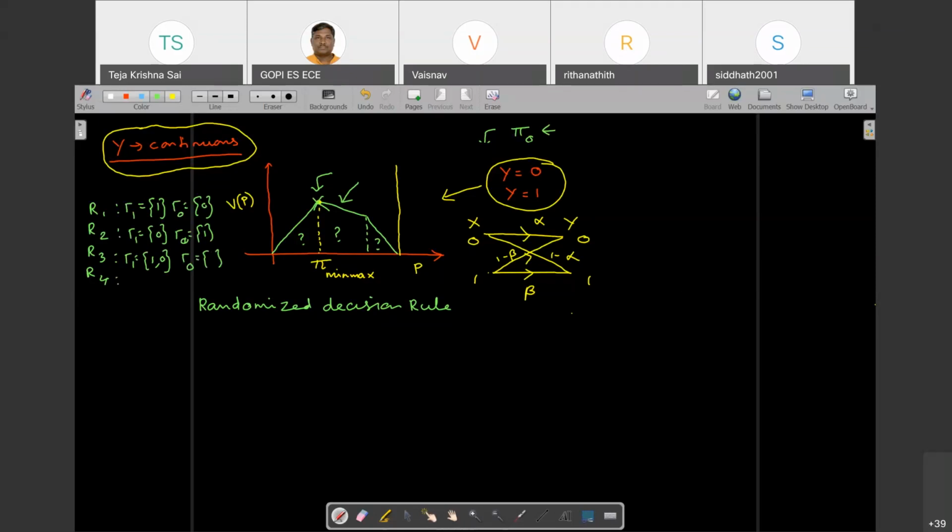And rule 4: gamma 1 is null, and gamma naught is 1. So somebody tell me, what is that rule number we have to assign here? We discussed that in the previous class. 4, 4, 1, 3.